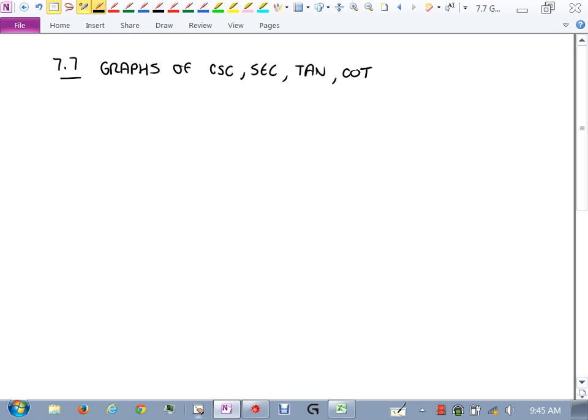I'm just putting them by their three-letter abbreviation instead of writing out cosecant, secant, tangent, and cotangent. So we're going to start off with cosecant, all right?